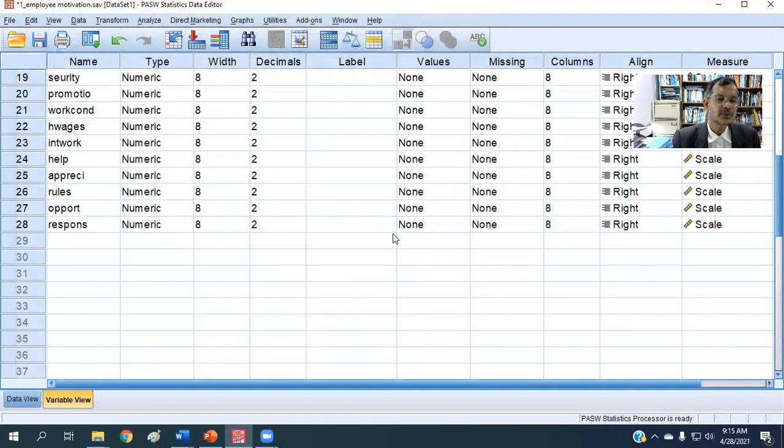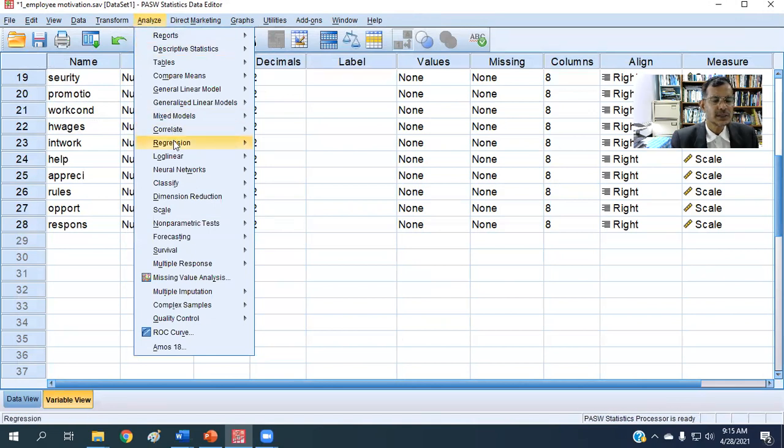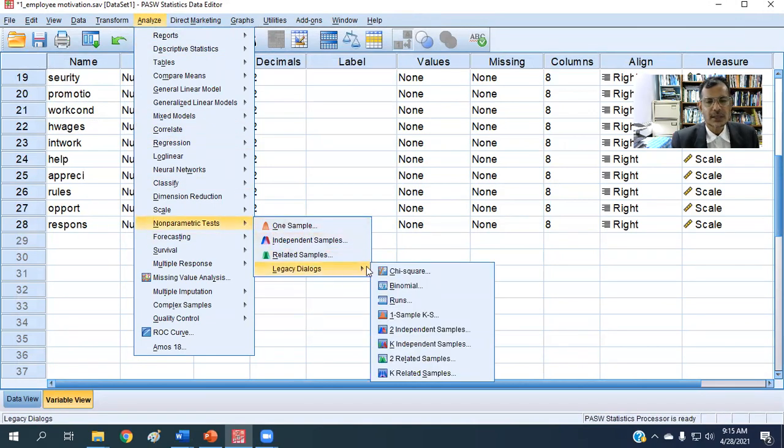So how do we perform the Kruskal Wallis test? That's the core thing for this demo. We click Analyze, Non-Parametric Tests, Legacy Dialogs, and then K Independent Samples, because the number of levels should be more than 2.